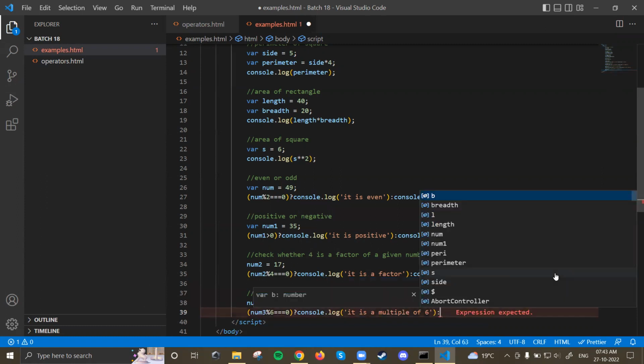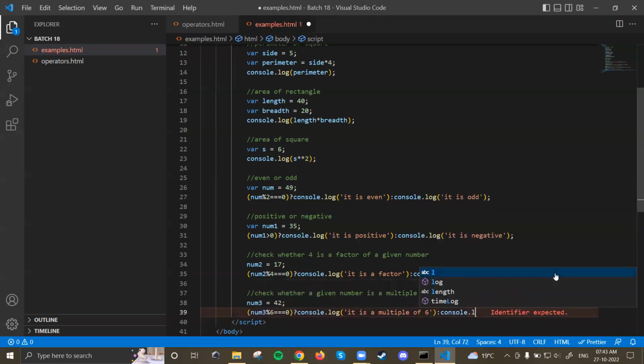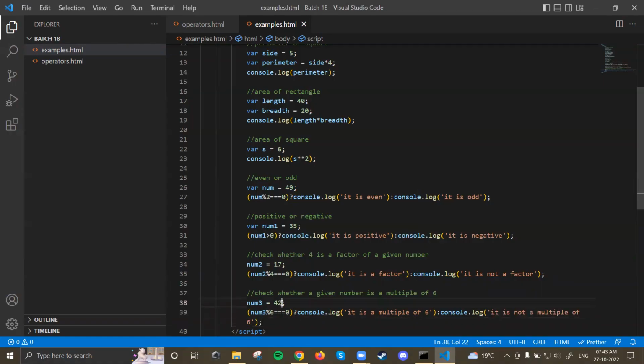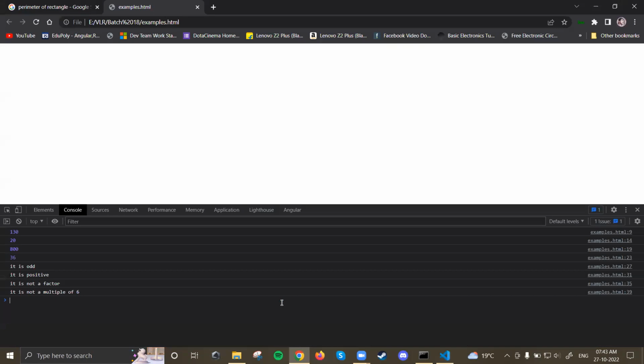If it is false, then console.log it is not a multiple of 6. Save this, go to the browser, reload. I am getting it is a multiple of 6. If I write 44 here, I am getting it is not a multiple of 6. I hope it is clear.